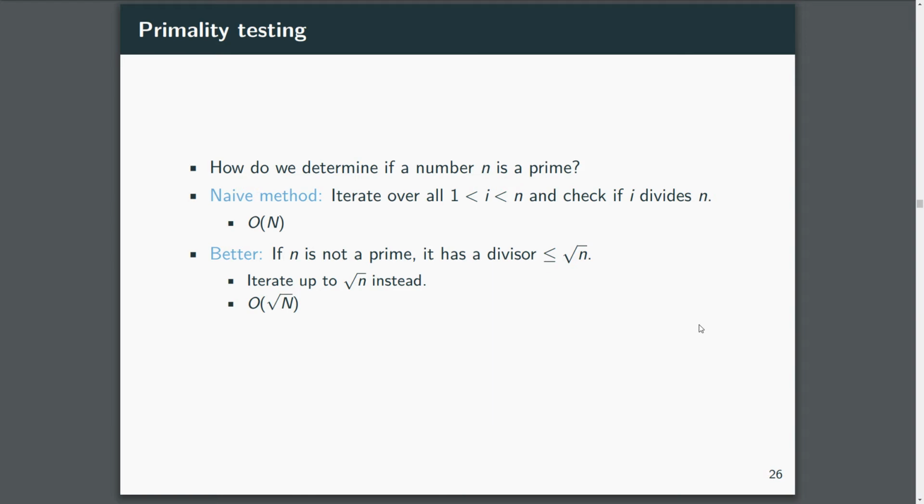Now, we can improve our idea. If n is not a prime, then it must have a divisor which is less than or equal to the square root of n. If you think about numbers which are squares of primes, like 49, its prime factorization is 7 times 7.